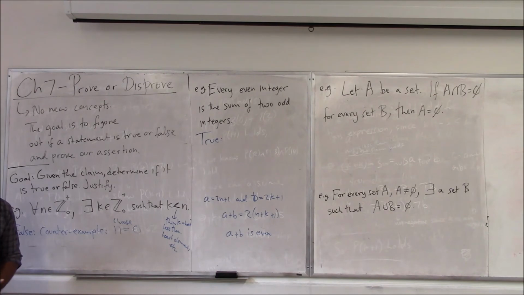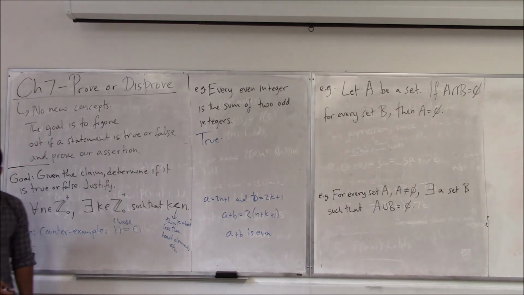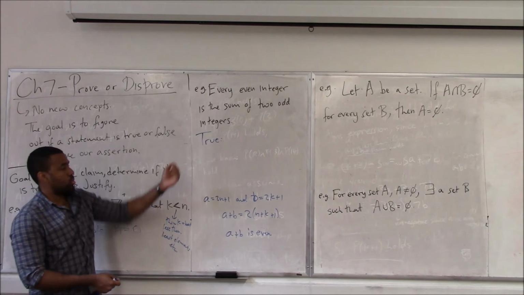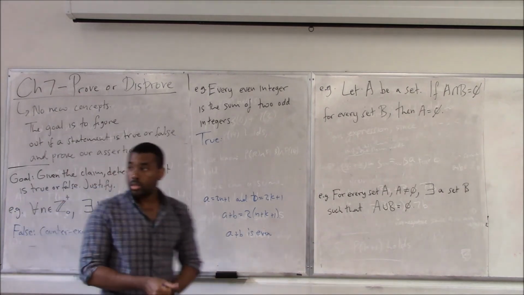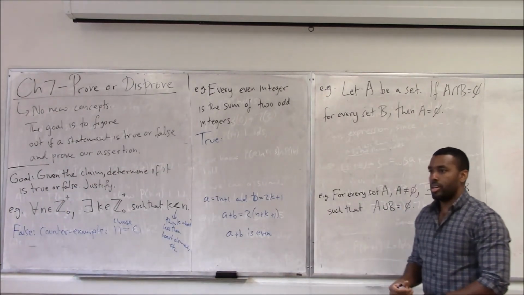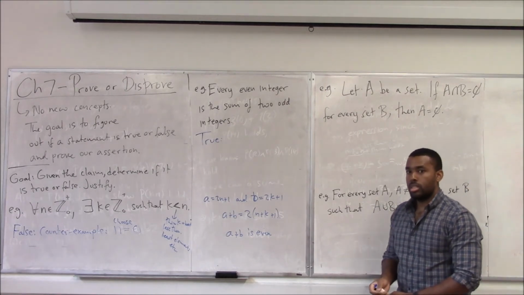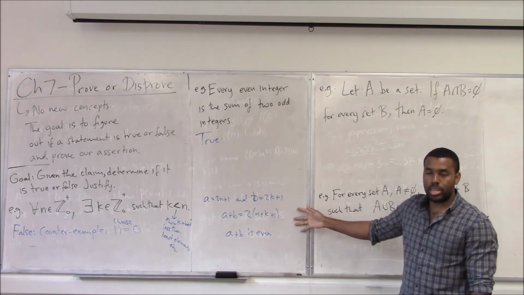I can start by saying, so let an even integer be given. Well, no, I want to address the question I just asked. Is this a proof of the claim? I'm going to say this is true, and they wrote this as a proof. Did I prove the statement? This is proving the statement that if I add two odd integers, I will get something that's even.